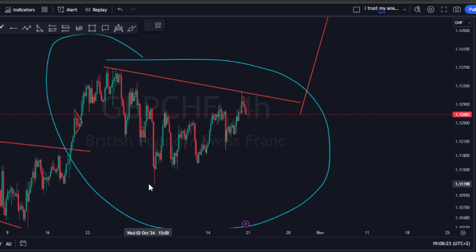Then we have these lows right here. This is a nice pattern we are familiar with.